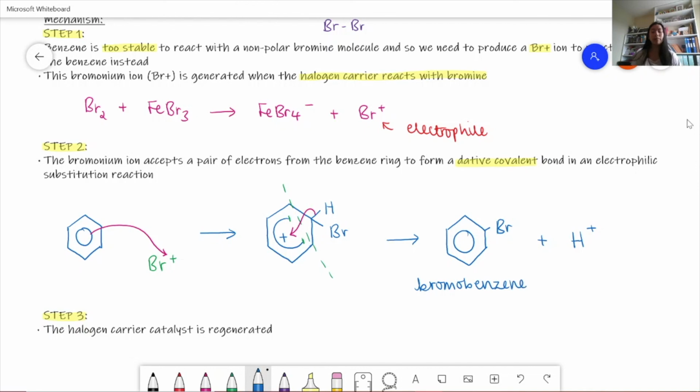Again, we don't need a number because there's only one substituent, so it doesn't matter where we place it if someone told us the name bromobenzene. So now we need to remember that it's an electrophilic substitution reaction. And why is because the attacking group is this Br plus, which is an electrophile, and we are substituting the hydrogen for this bromine, and so it's a substitution reaction.